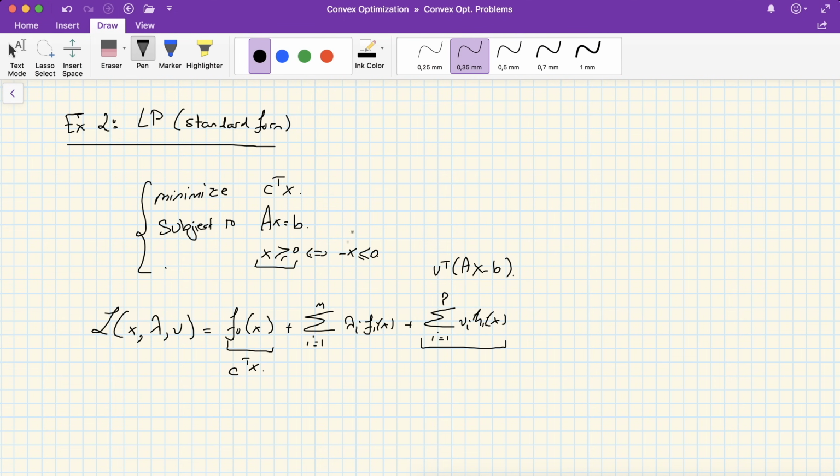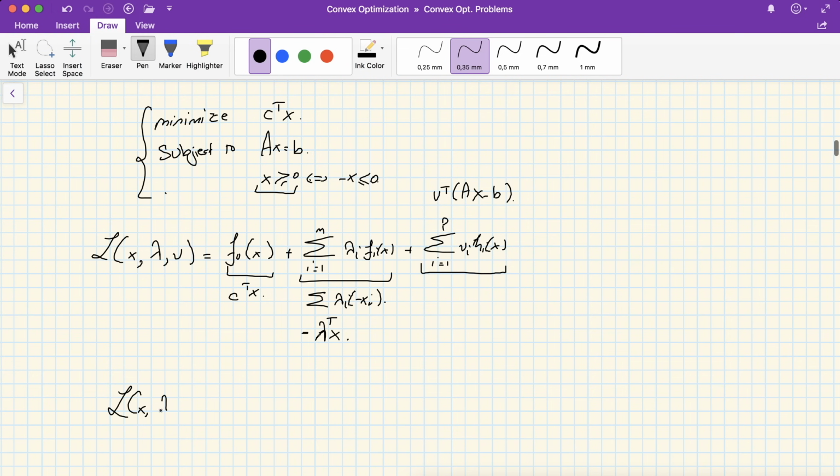So we've got n constraints of the form minus x i is less than or equal to 0. So this is easily seen as the sum of lambda i times minus x i, right? Which is also written as minus lambda transpose times x, with a negative due to this minus over here. So my Lagrangian is finally c transpose x minus lambda transpose x plus nu transpose times Ax minus b, right?